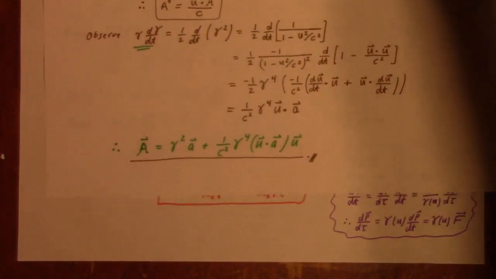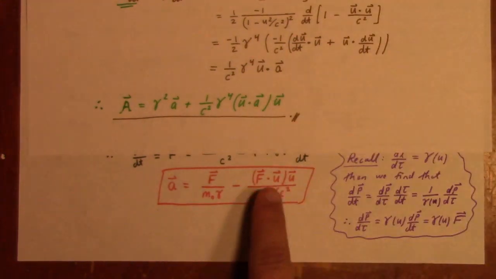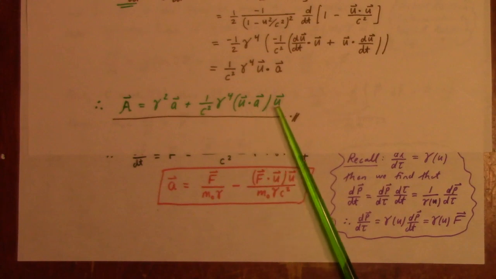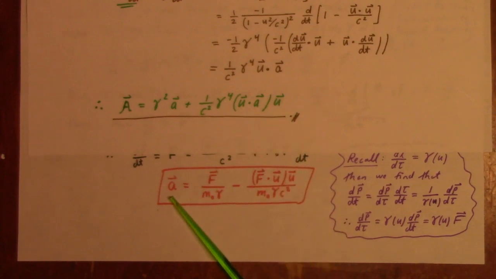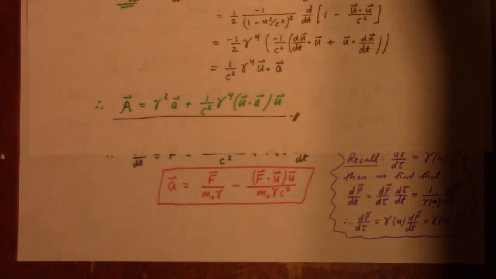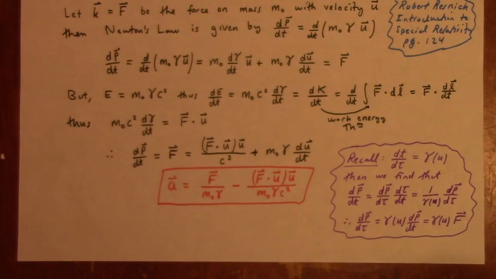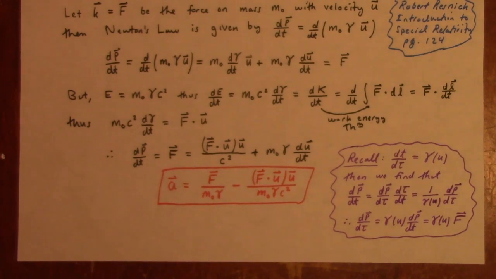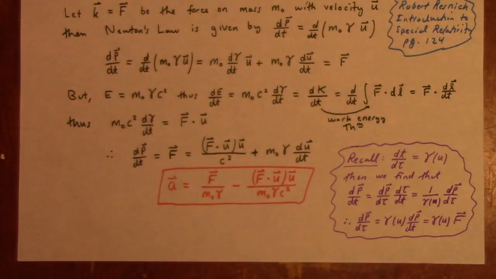So what exactly is the interplay between this, the formula for the spatial part of the 4 acceleration, versus here's just a straight formula for the acceleration as it's related to the force in view of relativistic Newton's law? What's the interplay between those two equations? I'm not sure exactly what to say, but anyway.